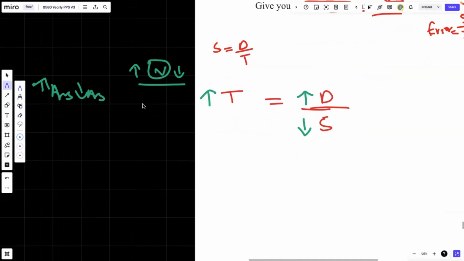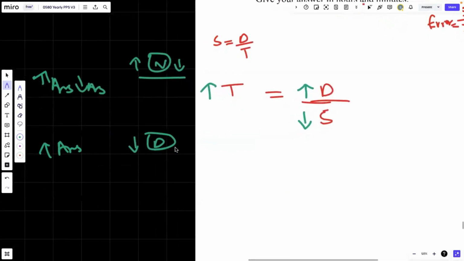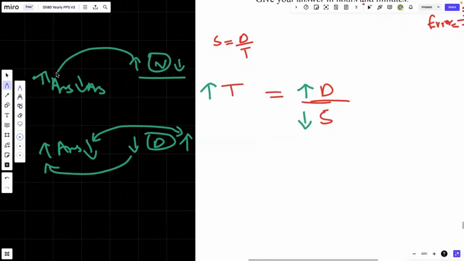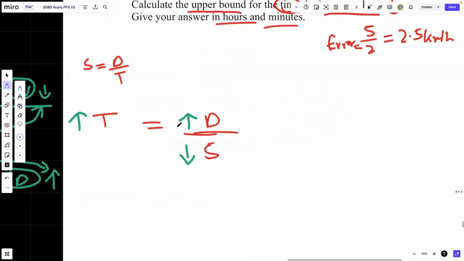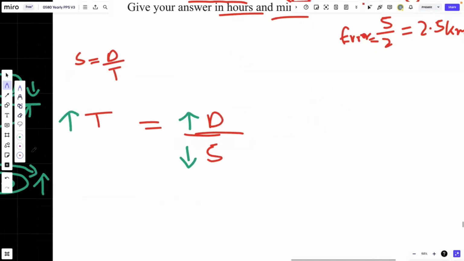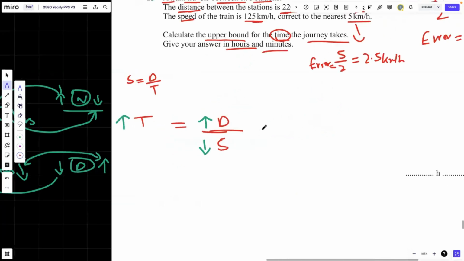For the denominator, it's actually vice versa. If you decrease your denominator, your answer actually increases. You can even check that with random values. And when you increase the denominator, your answer actually decreases. So according to that logic, we need the upper bound for distance and the lower bound for speed.